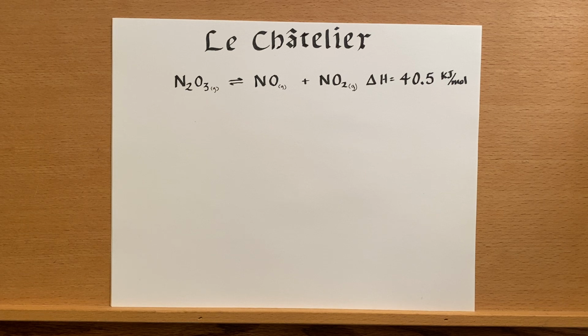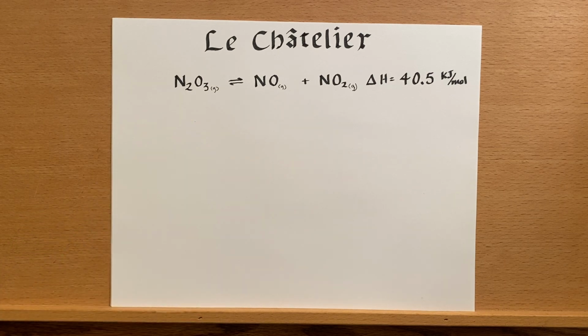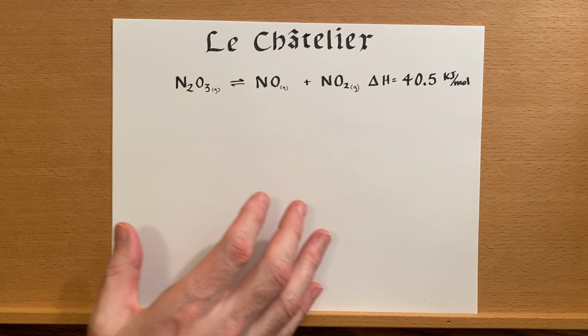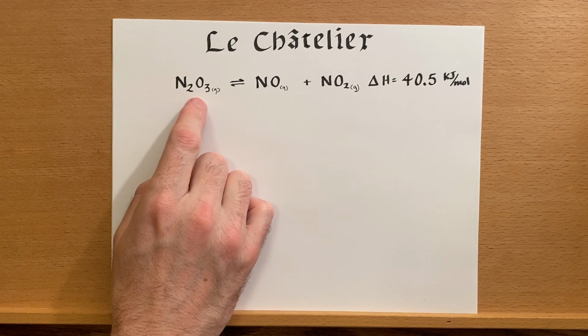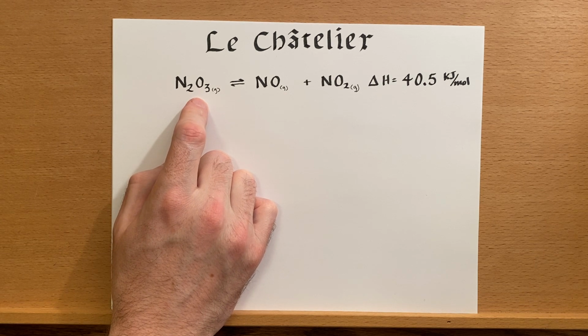Now, what would happen if we have an equilibrium mixture and we suddenly add more N2O3 into the flask? Well, if we think back to our reaction quotient, if we were already at equilibrium and we add more of this in, then there will be too much of it in the flask.